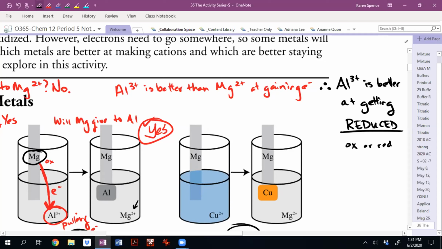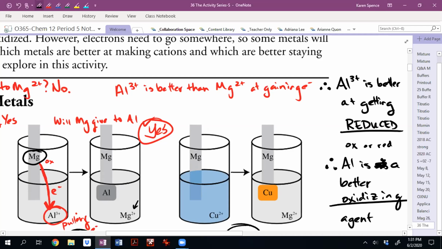And this tells you that aluminum is a better what kind of agent? Aluminum is a better something or other agent. What kind of agent are we talking about there? Yeah, it is a better oxidizing agent. Okay, so it's better at pulling electrons away from that other guy.